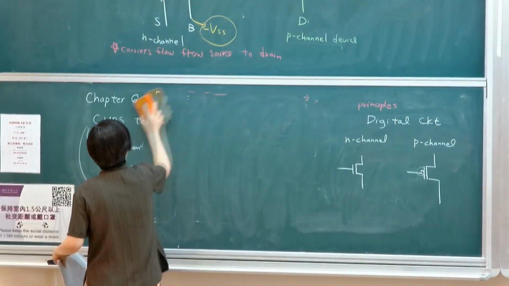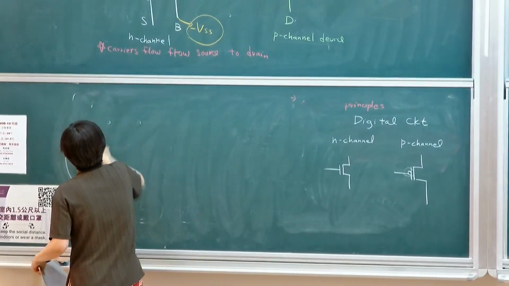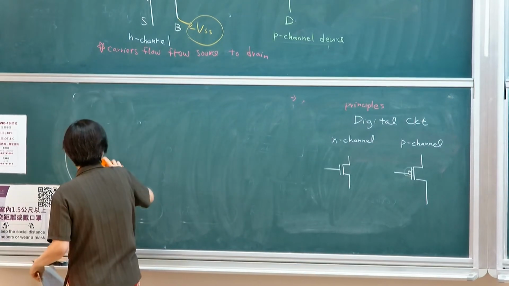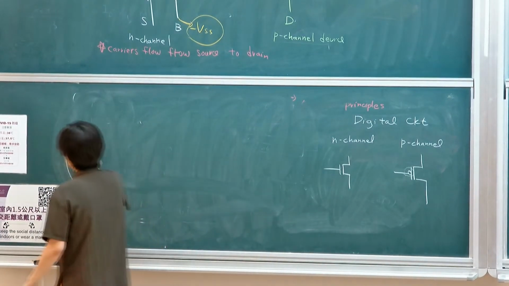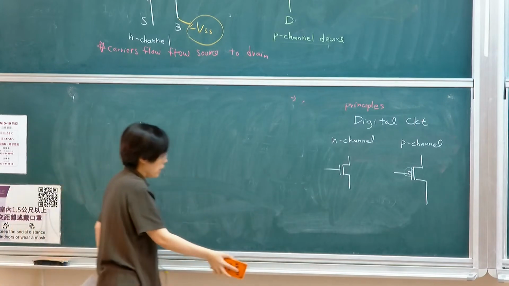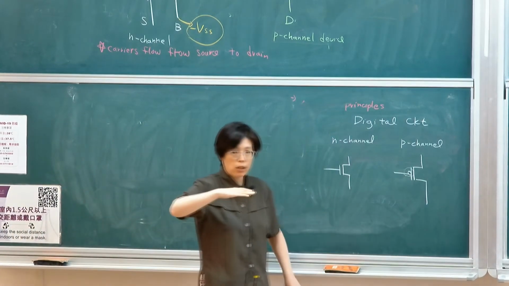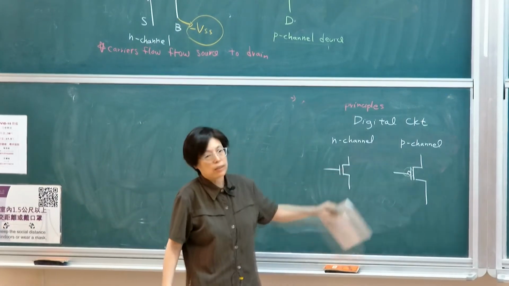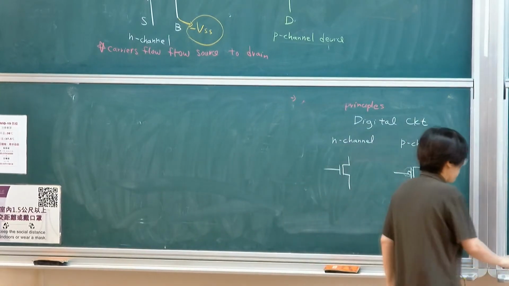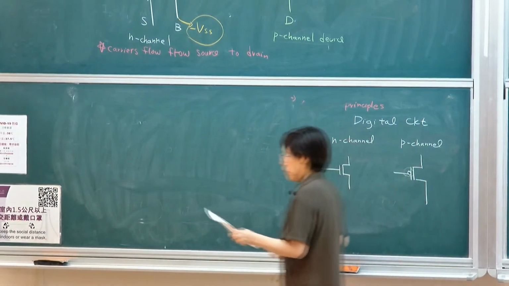Let me give you an example of what you need to draw. We call it the layout, or the top view of the device. If you're looking over the top, this type of device will look something like this.